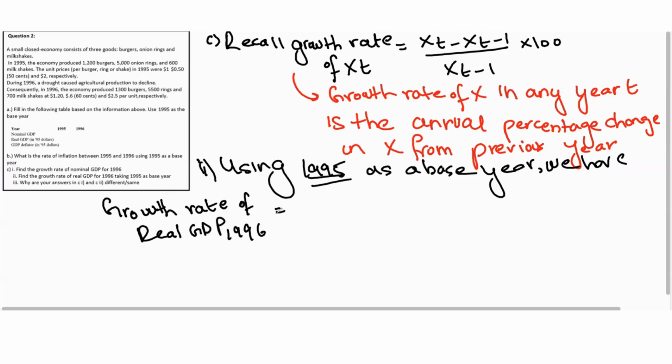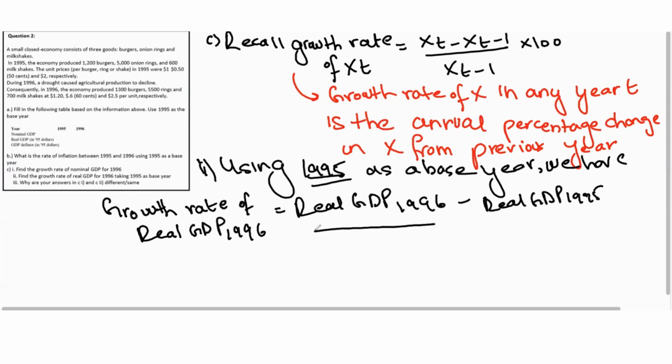So this is going to be real GDP 1996, because we know it's going to be the annual percentage change in real GDP from the previous year 1995. So minus real GDP in 1995, and then all of this divided by real GDP 1995 into 100.